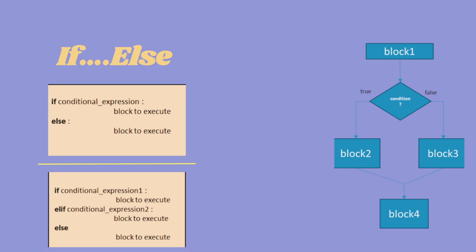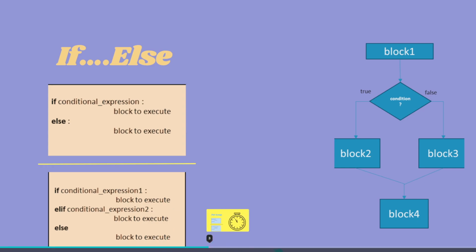In the second block we can see: if conditional expression 1 is true, it will execute this block. Else if this is not true but a second condition is there, then we will have a block to execute. Else, that means if both conditions are false, then the third block will get executed.